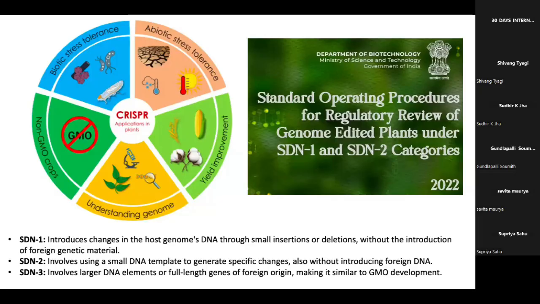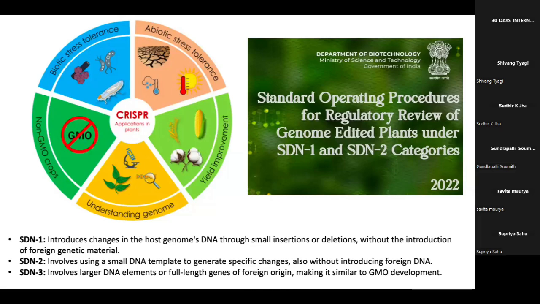But in SDN 3, large DNA elements or full length genes of foreign origin are integrated into the genome, unlike SDN 1 and 2. Therefore the government of India has given permission for SDN 1 and 2 only, in 2022, and not for SDN 3 to be released into the environment or to farmers.